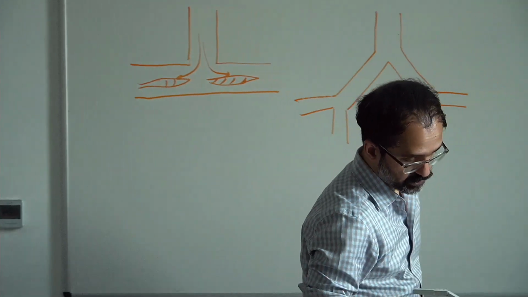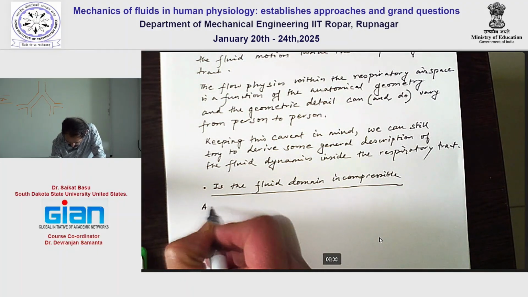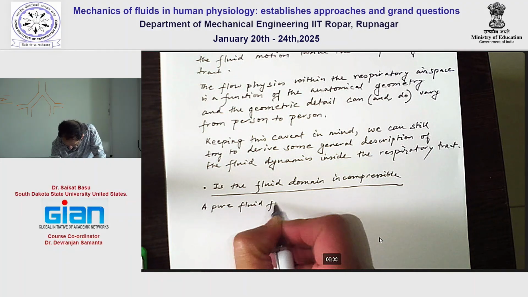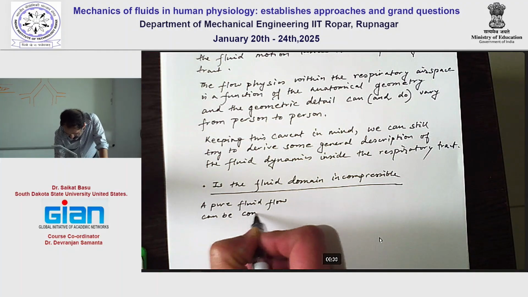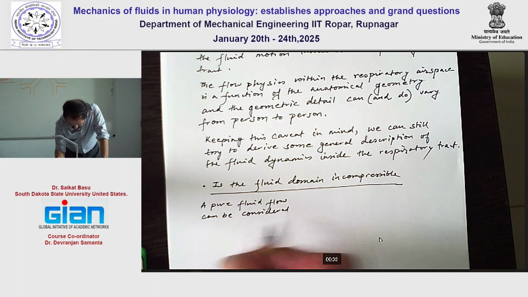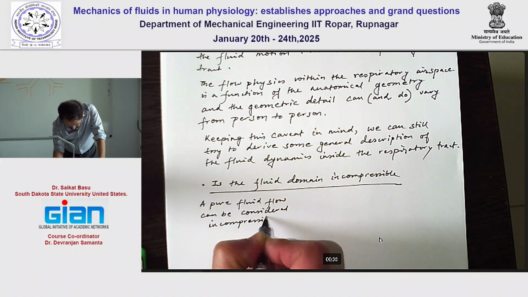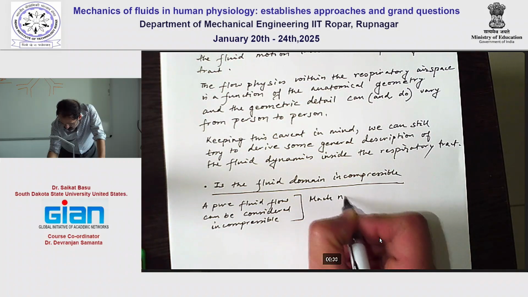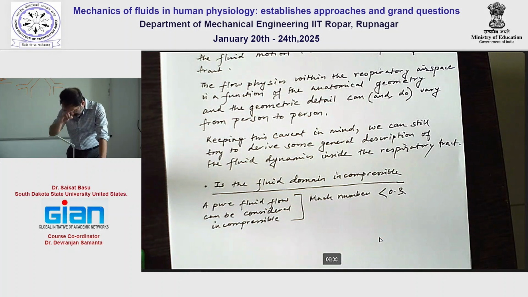Okay, so is the fluid domain incompressible? Yes, it is incompressible, but let me write down the points over here. A pure fluid flow can be considered incompressible if the Mach number is less than 0.3.